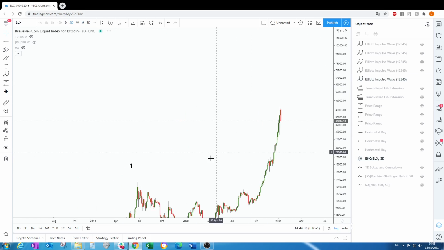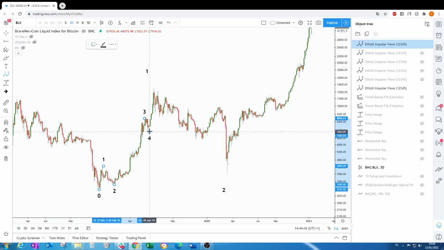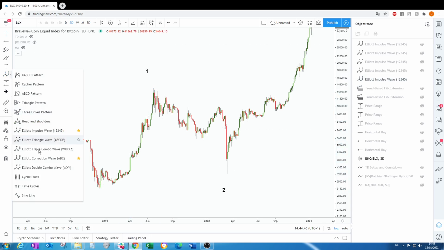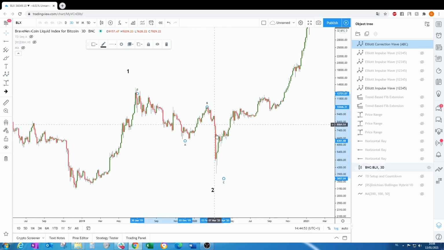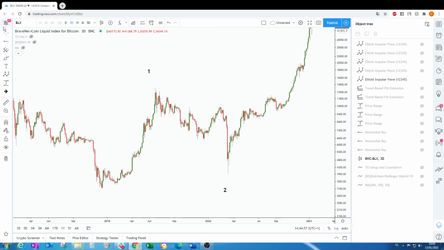Zooming into the 3-day time frame, we can clearly see this is a 1, 2, 3, 4, and 5. So 5 waves within this subwave 1, and then we look for an ABC type of correction. If you zoom into the C wave, you can see 1, 2, 3, 4, and 5. So a deep retracement for our second wave.